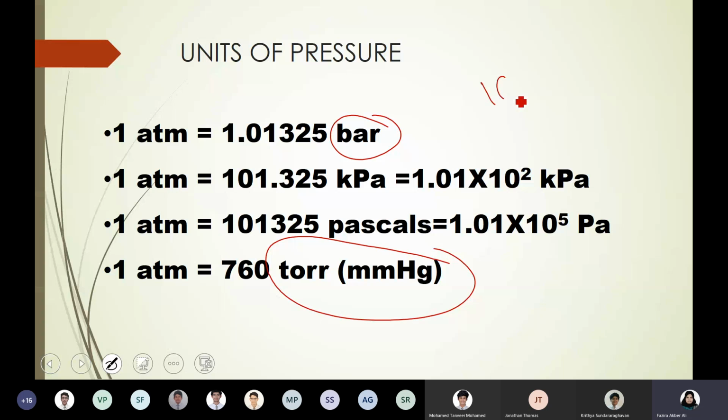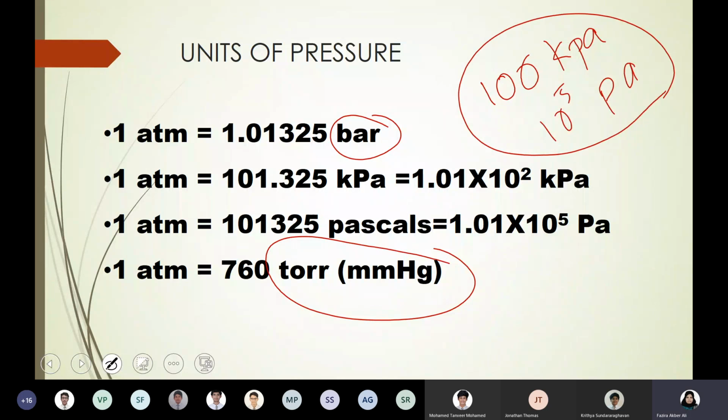So in some cases they write 100 kilopascal or 10 raised to 5 pascal as 1 atm. So they round it, and when you're preparing for a competitive exam, no need to go for 1.01 because it's taken as 100 or you can say 1. So you can either write 100 kilopascal or 10 raised to 5 pascal. That is another shortcut way, and especially when you're doing the calculation without the calculator, that will be easy. So some textbooks and website resources use 100 kilopascal or 10 raised to 5 pascal because they round it and use it like that.